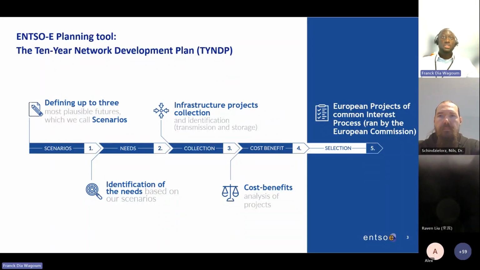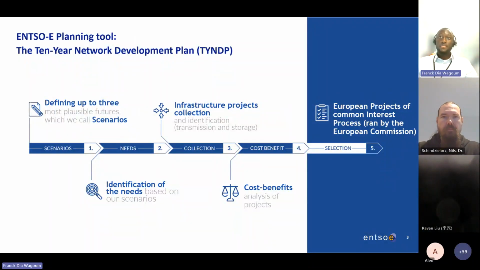From the definition of those scenarios, a process of identification of system needs is run in each cycle. The previous identification of system needs, the one of 2022, feeds into the 2024 process, where project promoters can submit projects and identify the needs that they are solving.